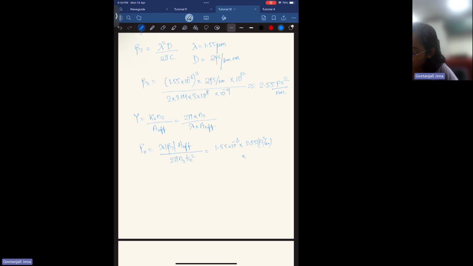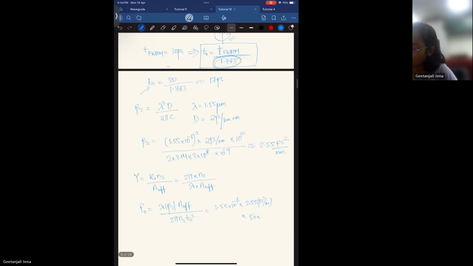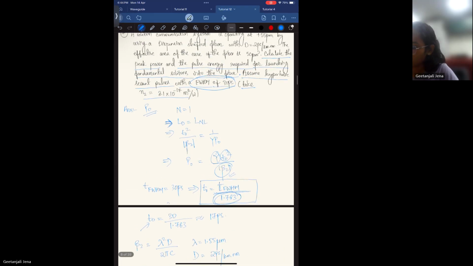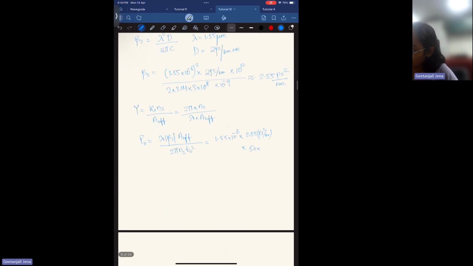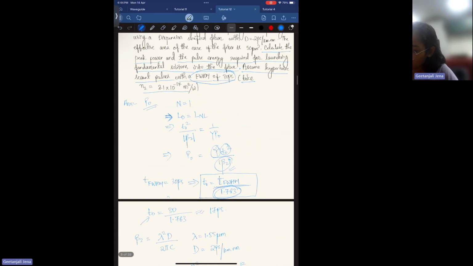And A effective is given, I think, 50 micrometer square, which will be 10 to the minus 12 meter square. And we have 2 times 3.14, and n2 is 3.1 into 10 to the minus 17 meter square per watt.